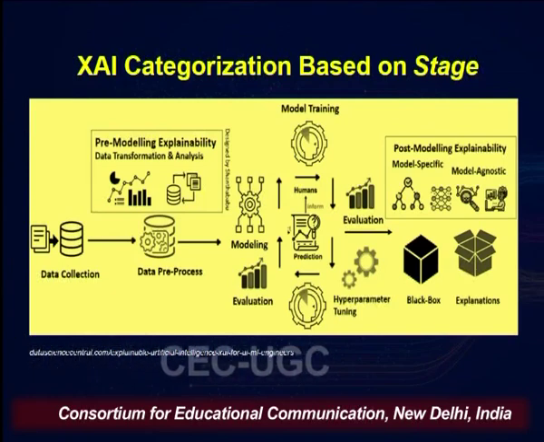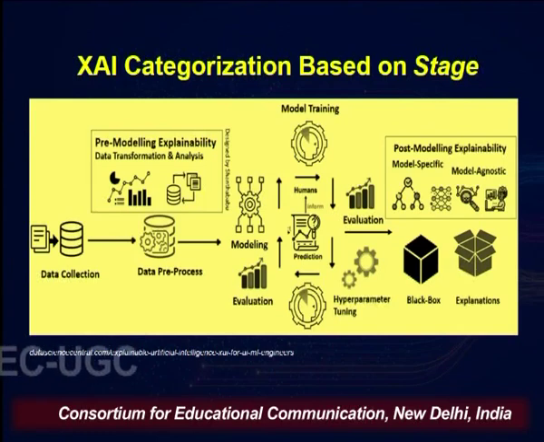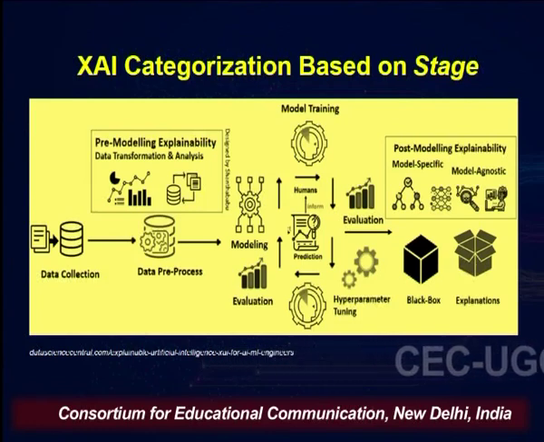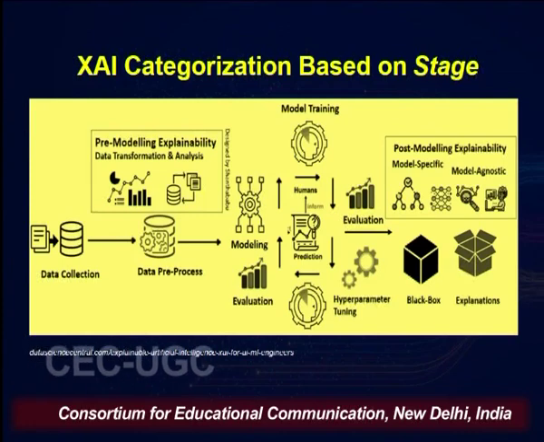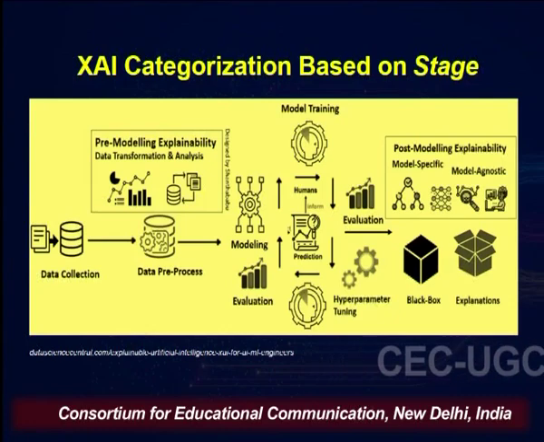That means how the epochs are being executed, that is, in each iteration how the model is getting trained, what weights we are using in each of the phases, how they are getting updated, what the learning rate is, and the rate at which the model parameters are getting updated. All these things we get to know through XAI techniques during model training.